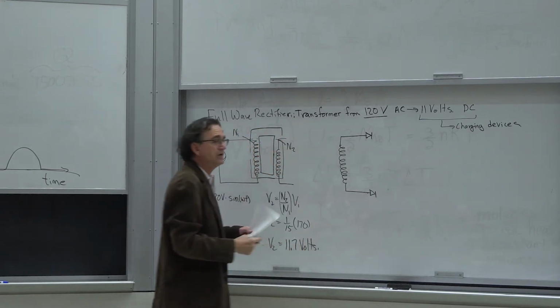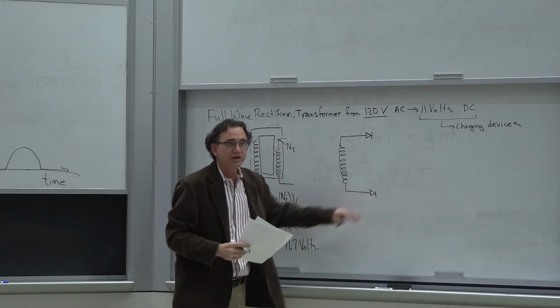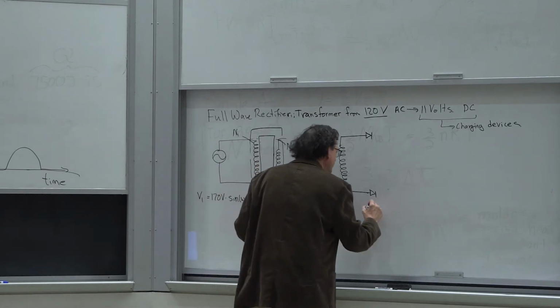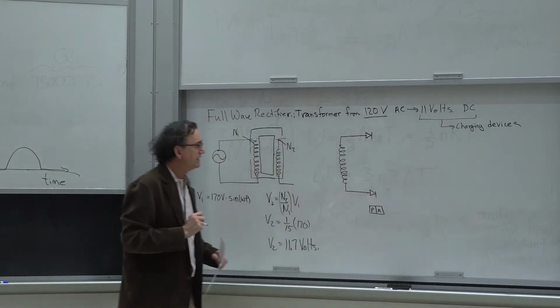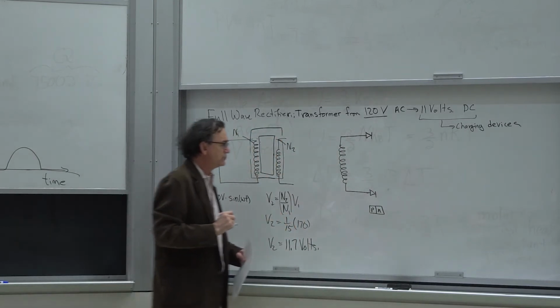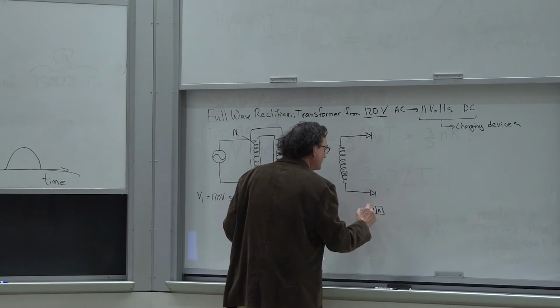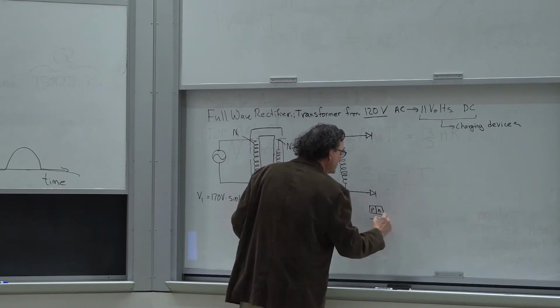So remember, every time you write a diode symbol like this, what you're really doing is writing this as a P and an N, right? Which means that under positive potential applied from left to right, it conducts in this direction.